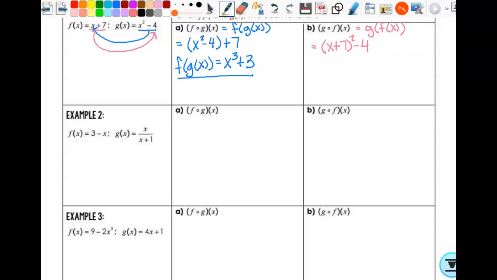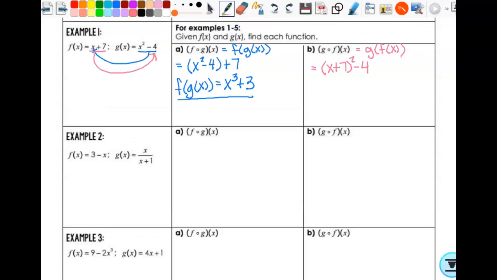It's not x squared plus 49. Everybody say that now. X plus 7 squared is not what? Thank you. I would rather you not have a clue as to what to do than put x squared plus 49, because that tells me you don't have a clue what you're doing.